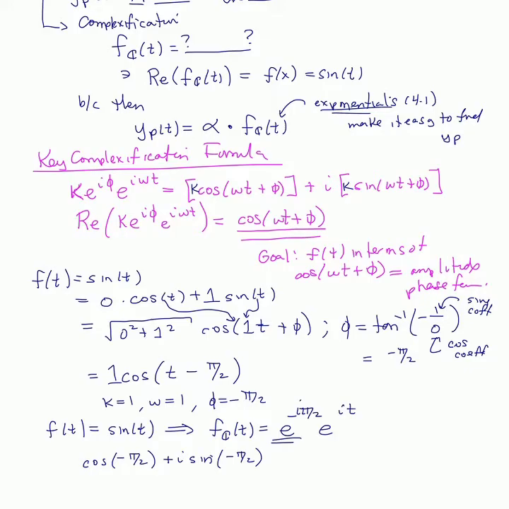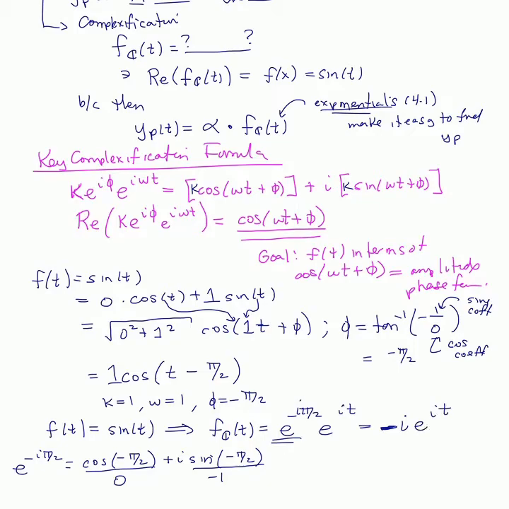Cosine of negative pi over 2 is 0. The sine of negative pi over 2 is negative 1. So therefore e to the negative i pi over 2 is the same thing as negative i, times e to the i t.